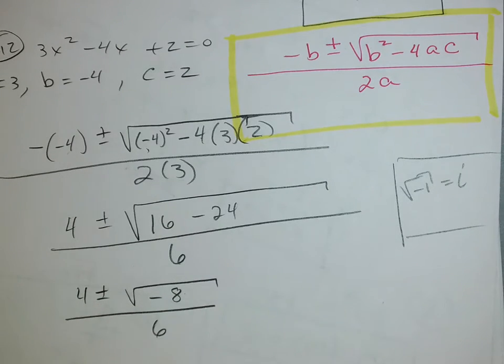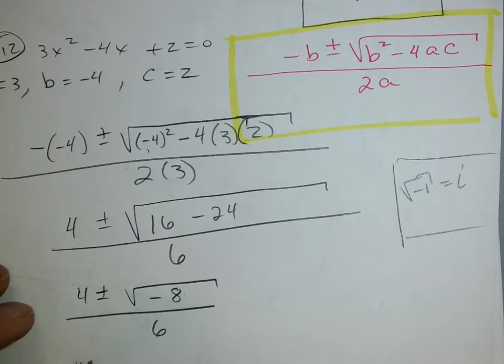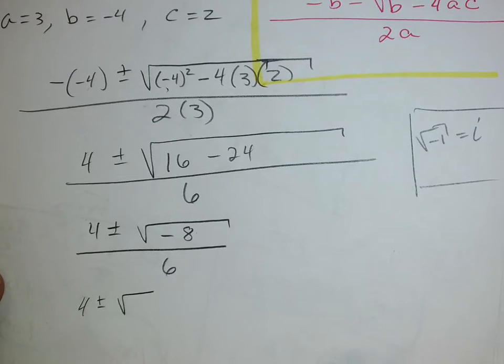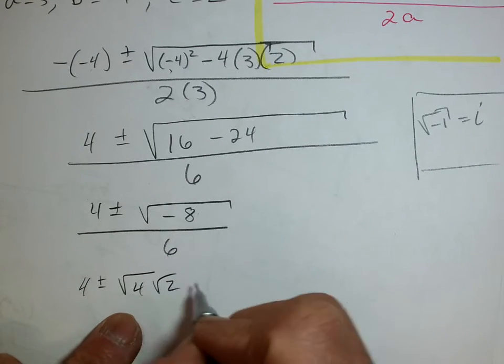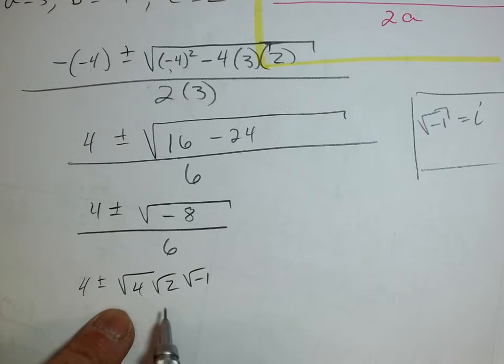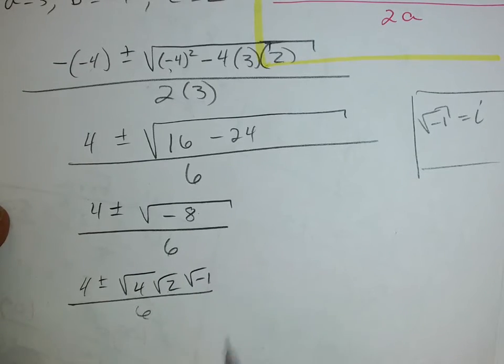So let's break down the negative 8. Let's rewrite this: 4 plus or minus. My 8 can be the same thing as 4 times 2, and then negative 1. 4 times 2 makes 8, and there's my negative 1, all over 6.